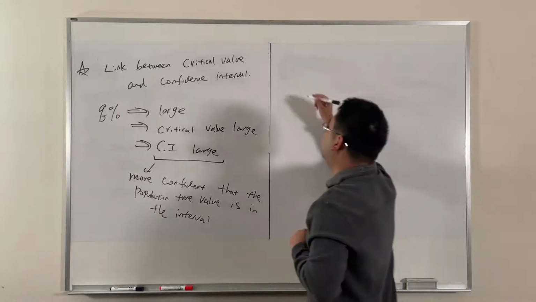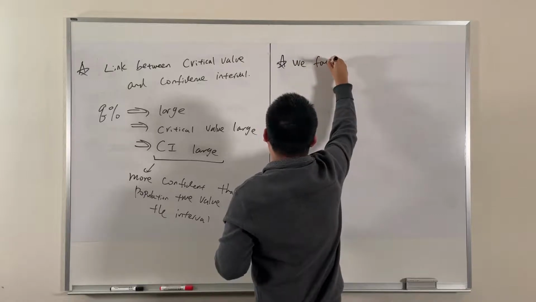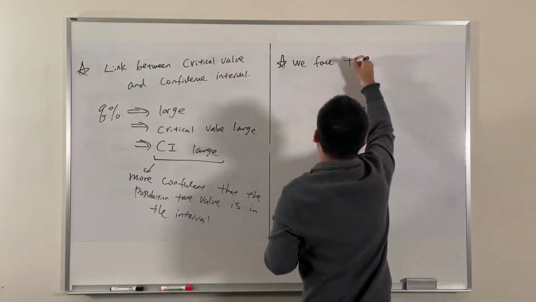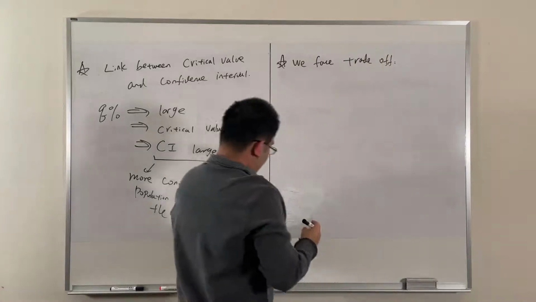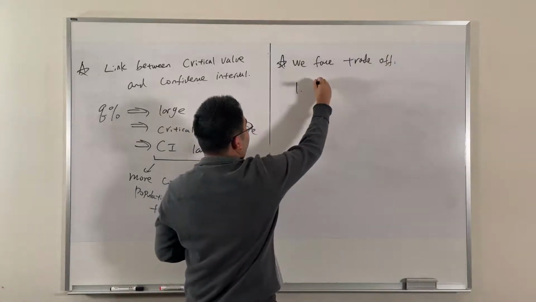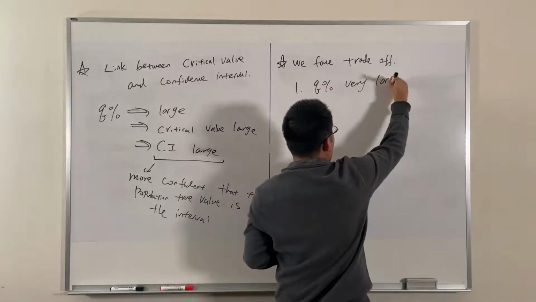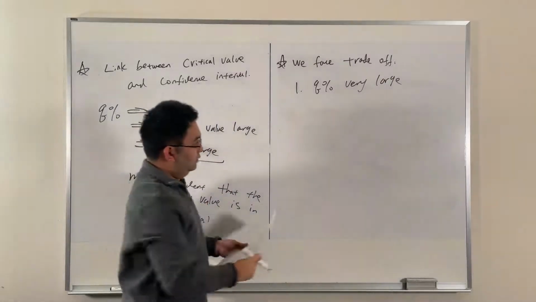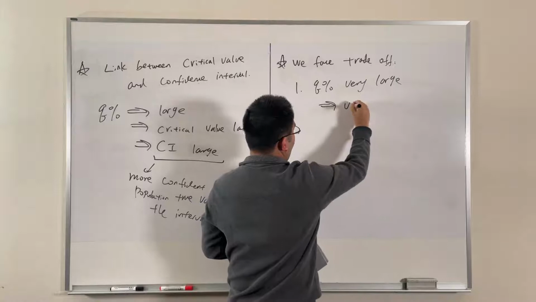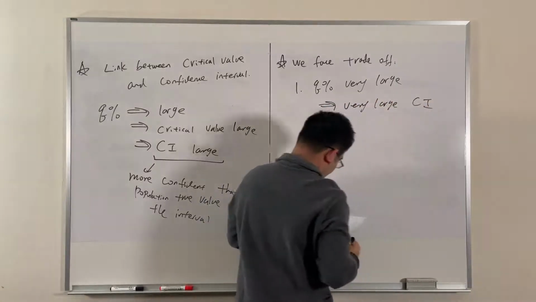Okay. But the thing we have to consider is that we face a trade-off. Okay, what does it mean? So let's say your Q percentage is very large. Then you have a very large confidence interval.